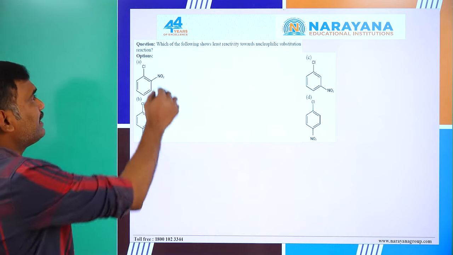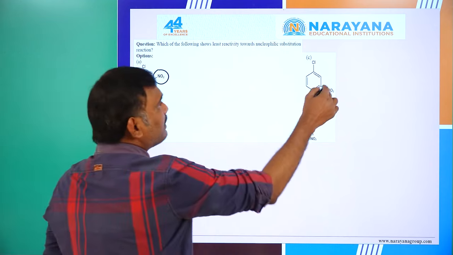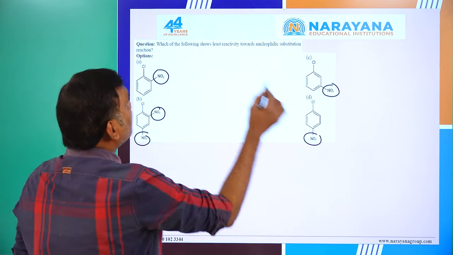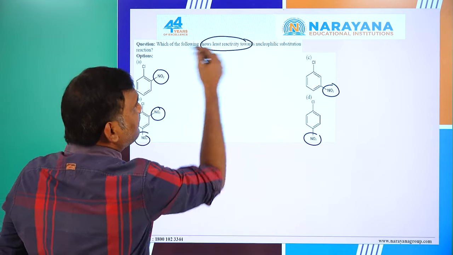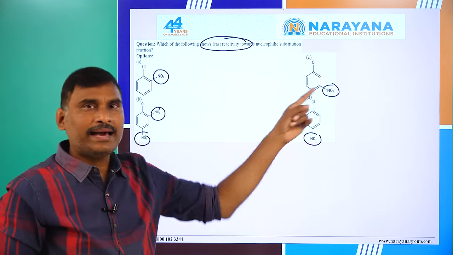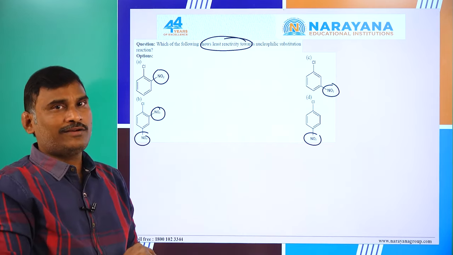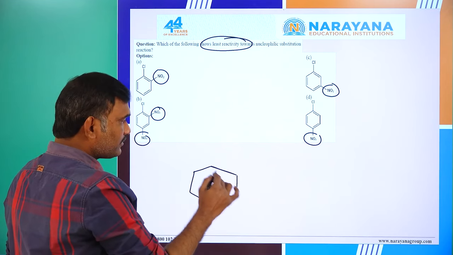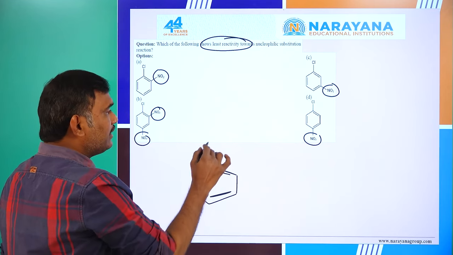So check it: here is only one ortho, here is completely meta, here is ortho and para, here is the para. But the question is least reactivity. Most reactivity is with ortho or para, because after attack of the nucleophile, the carbanion gets stabilized. Here is the leaving group.